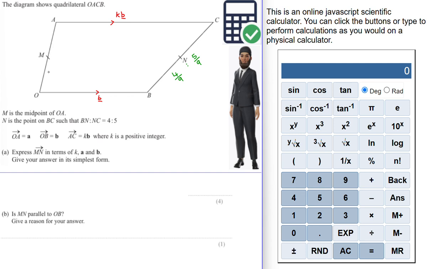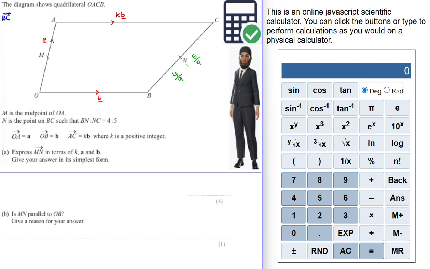We know that M is the midpoint. From M to A, going in this direction, this is the vector a, from O to A. Before we do anything, let's quickly work out what BC is.